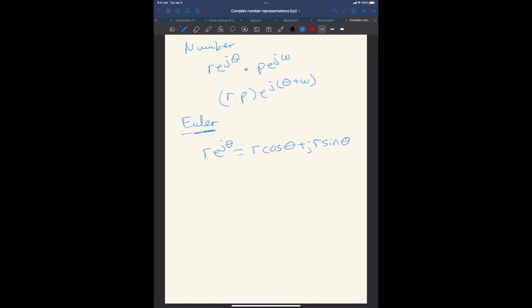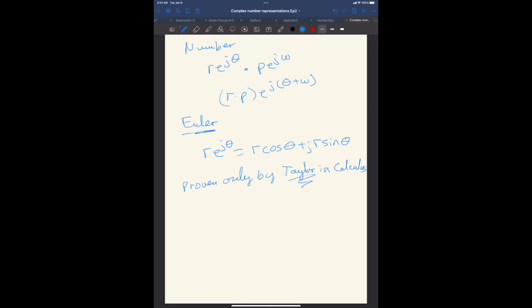And this actually can be proven only by Taylor series from calculus.